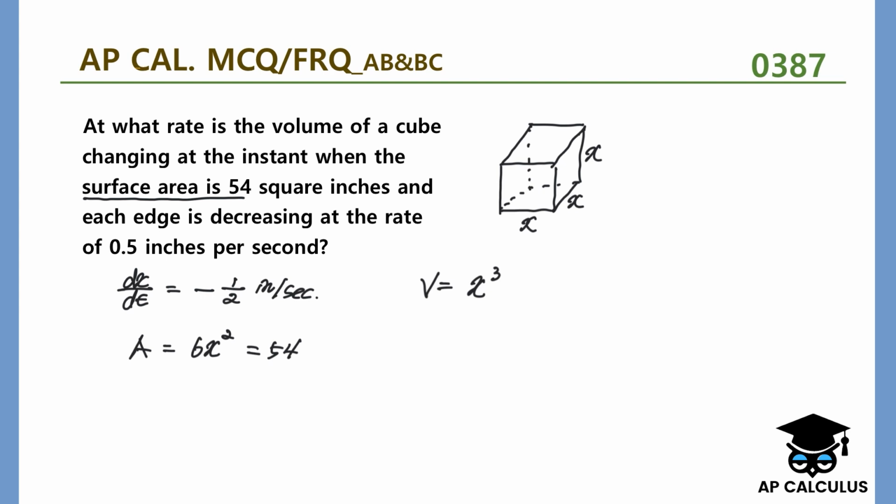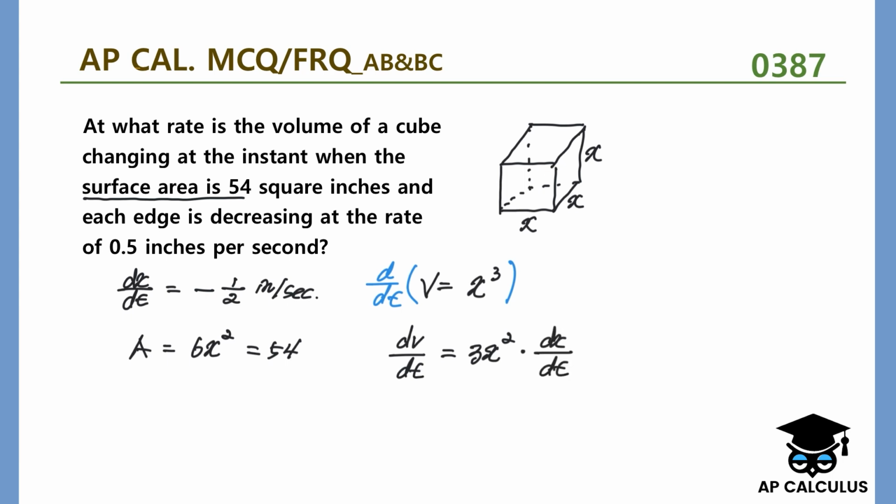So let's differentiate with respect to time t. So we have dV dt, change in volume with respect to time t, is equal to, we have to apply the power rule, 3x squared times chain rule, derivative of x itself, dx over dt.